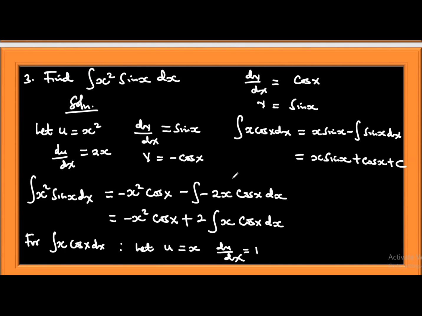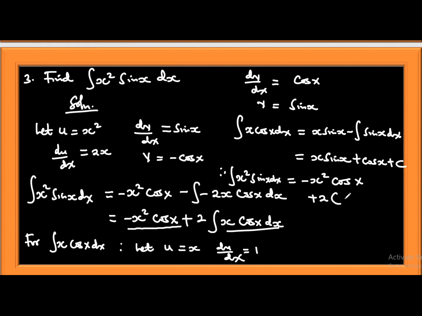So we can now conclude that the integral of x squared sine x dx is actually as good as, we come back here, get our result first. We had negative x squared, we had cos x, and then remember we had a plus 2 into this integral which we have just worked out.